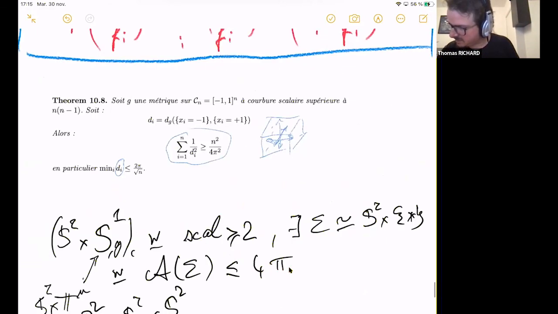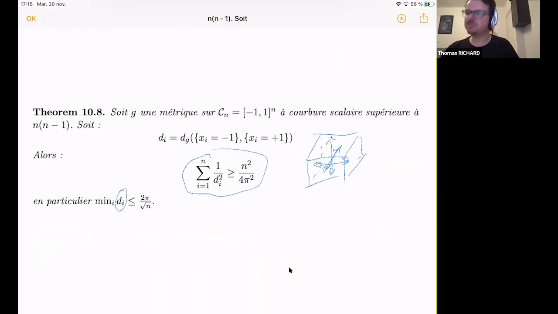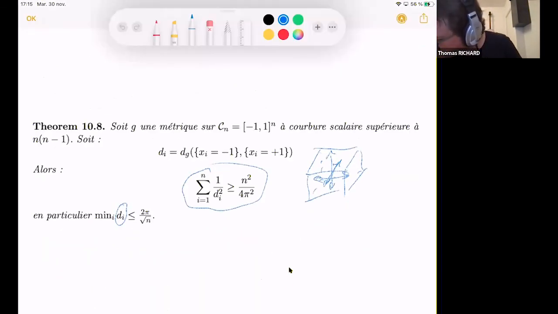Here, in the case of the cube, you would like to minimize on hypersurfaces that look like that, for instance. And it's unclear: if you try to minimize, it may just go to the boundary and disappear, and so you're screwed if that's the case.